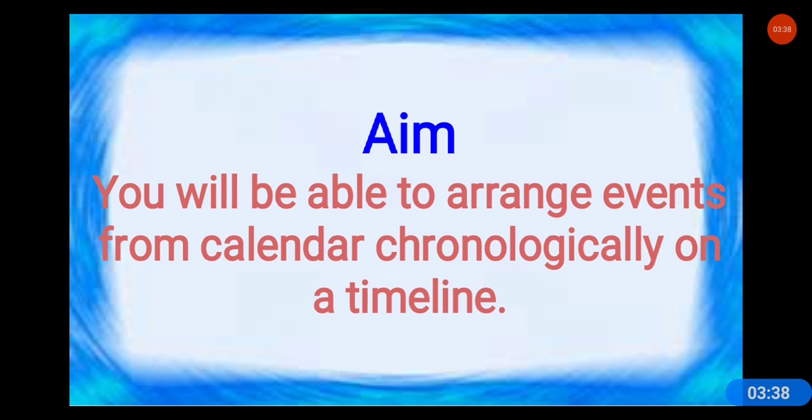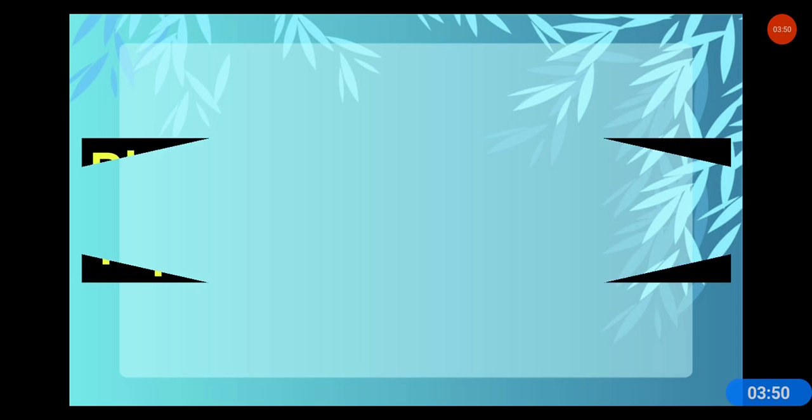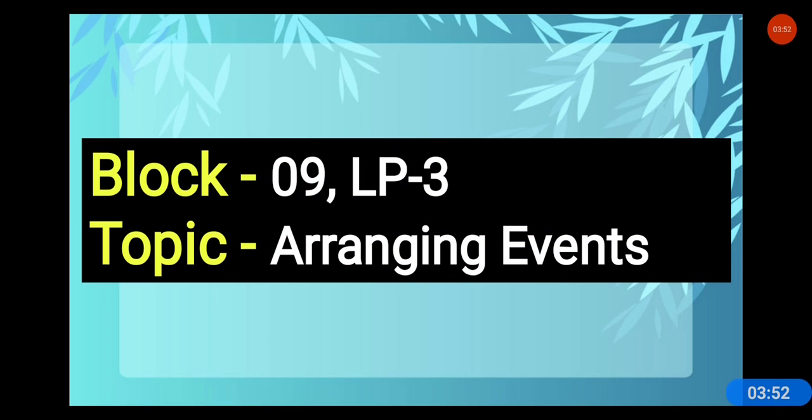This is the aim: I believe you will be able to arrange events from a calendar chronologically on a timeline. We are on Block 9, Lesson Plan 3, arranging events.